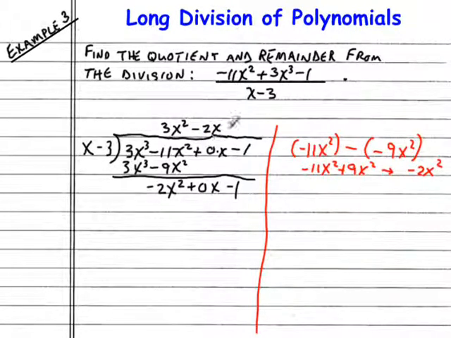Once we have this negative 2x, we use it as a multiplier on the divisor, one term at a time. Negative 2x times x, of course, is the negative 2x squared that we were trying to create. Then we have negative 2x times negative 3, and of course that's plus 6x.